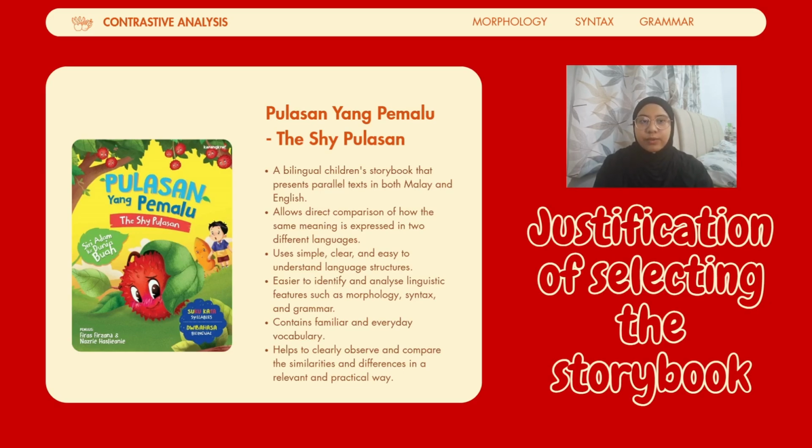This makes the content more relatable and easier to understand while still providing useful examples for linguistic analysis. Overall, we feel that this storybook is suitable for our project because it is engaging, age-appropriate, and provides clear bilingual data. It helps us to clearly observe and compare the similarities and differences between Malay and English in a relevant and practical way.